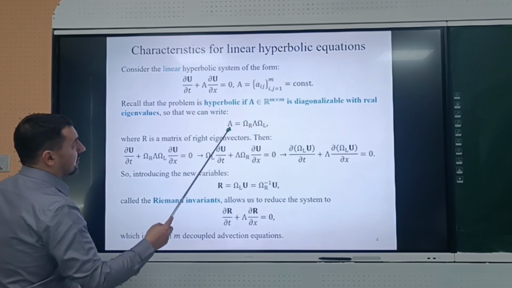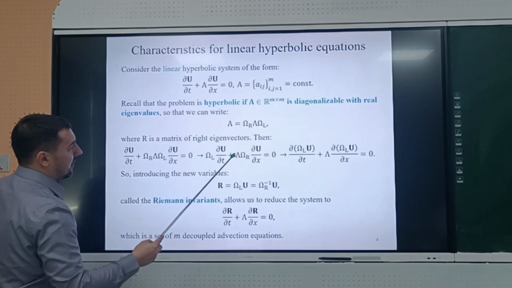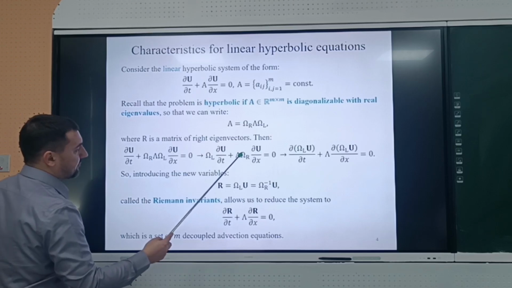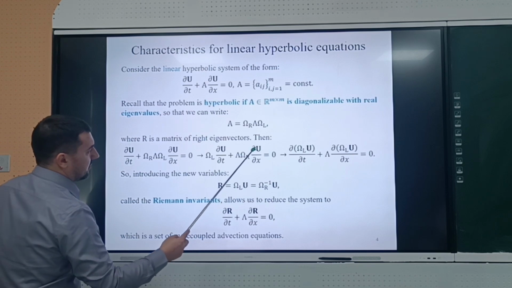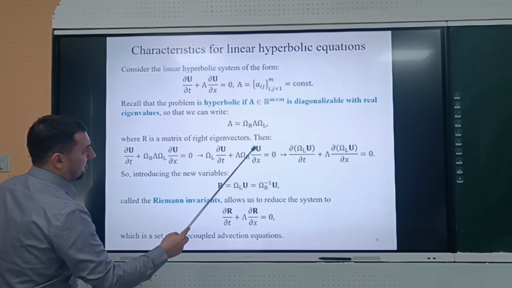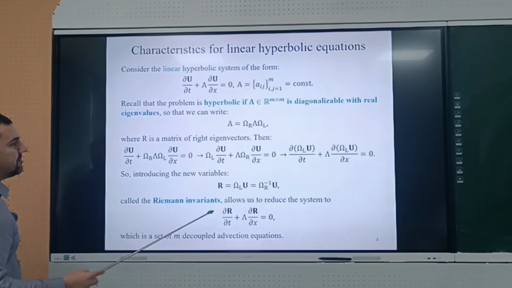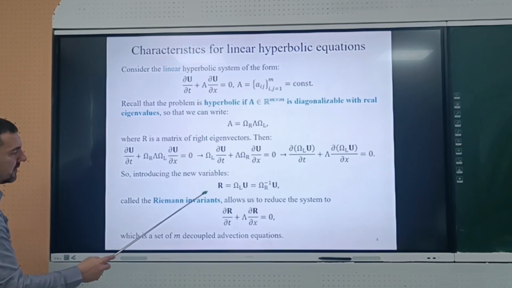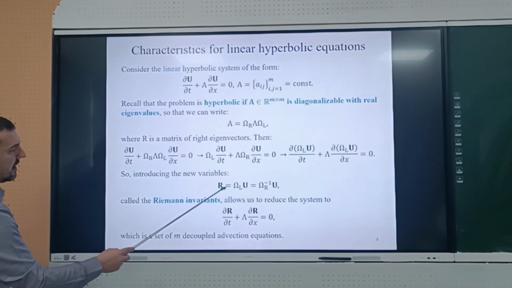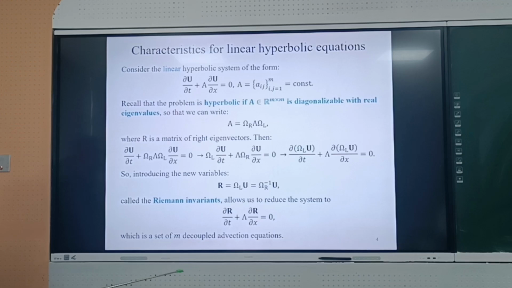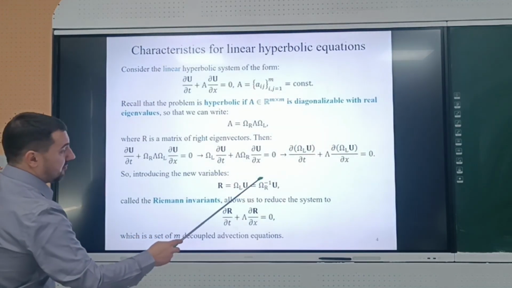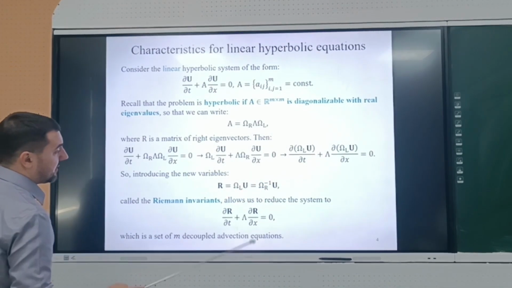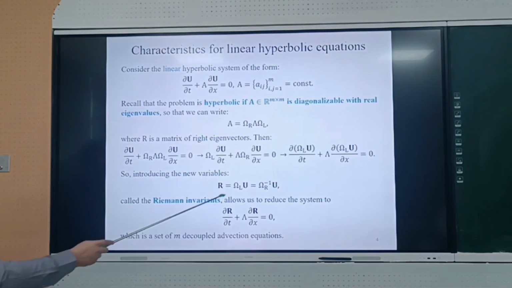As soon as we have a linear system, we can put this Ω matrix inside the derivatives and get this form, and then introduce new variables called Riemann invariants: R equals Ω_L u, or the same, Ω_R^(-1) u, because the matrix Ω_R is inverse to Ω_L.